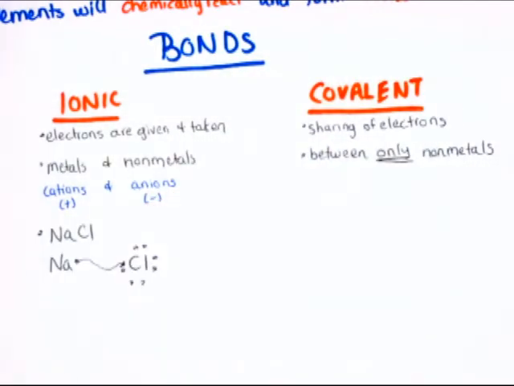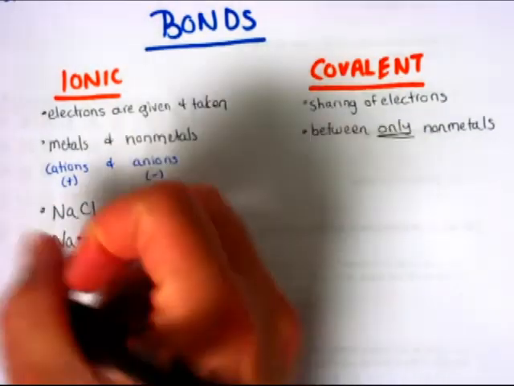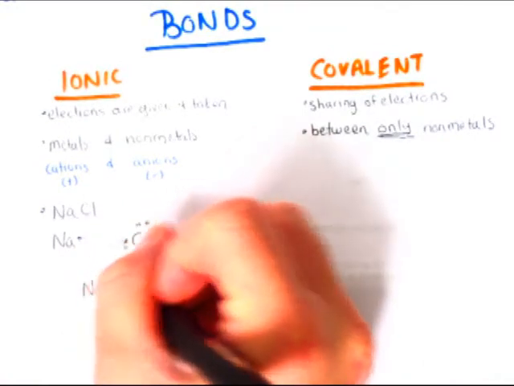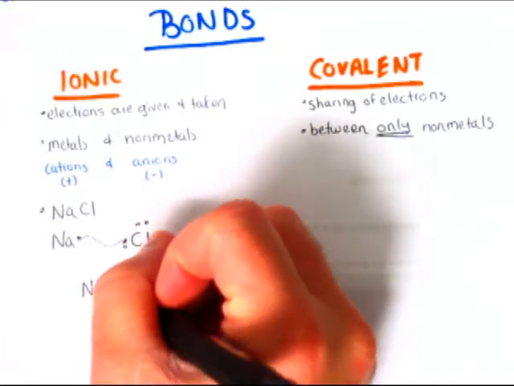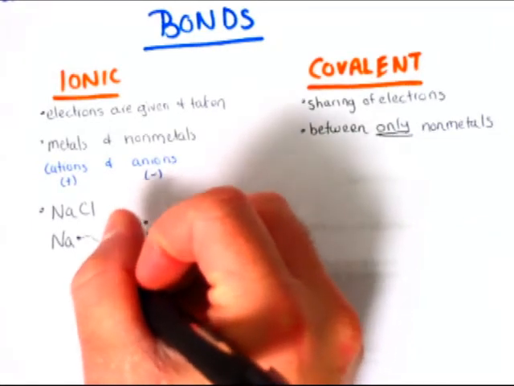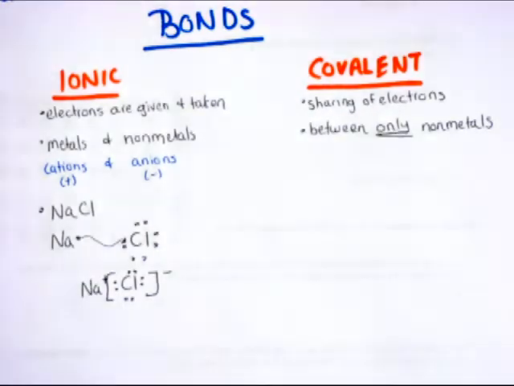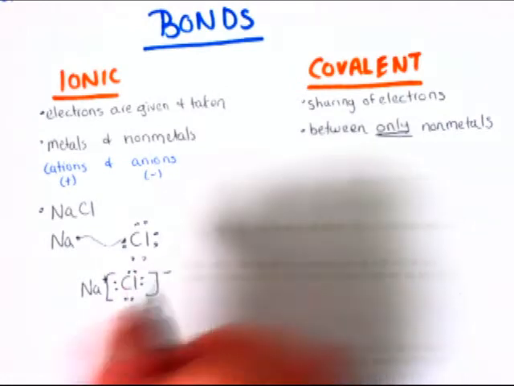You see the arrow I've drawn? Now, what's the charge of the Na? Very good, +1. And what's the charge of the Cl? Very good. Writing this out, you have seen what really happens. The Na is plus, the Cl is minus, because it has gained an electron.